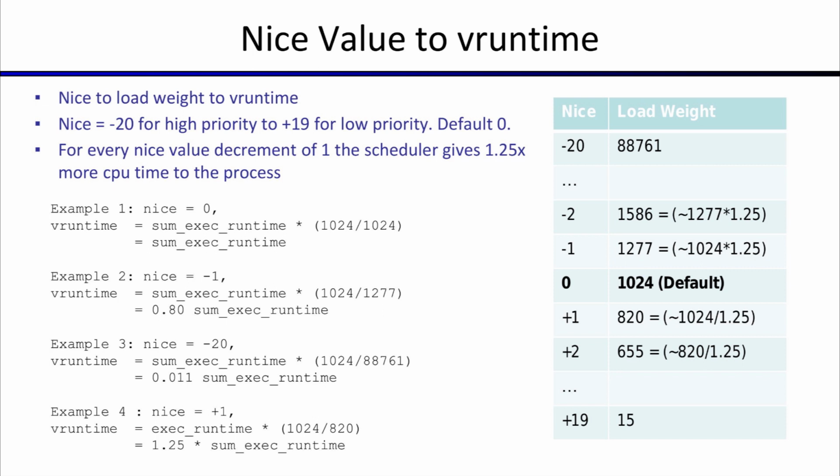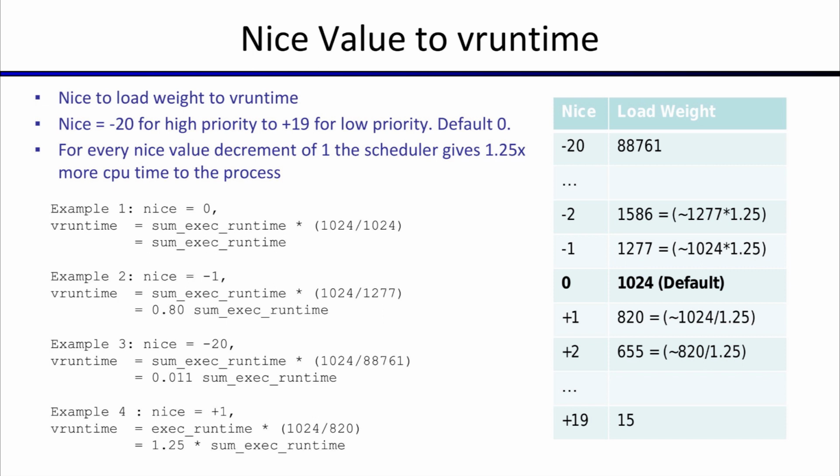On the other hand, if you are going the reverse direction, which is you are incrementing by 1, so from 0 to +1, you will actually divide by 1.25. So your load weight will be 1024 divided by 1.25, giving you about 820, and then the same story goes on in that direction. This leads to the extremes of -20 being 88,761 and +19 being 15.